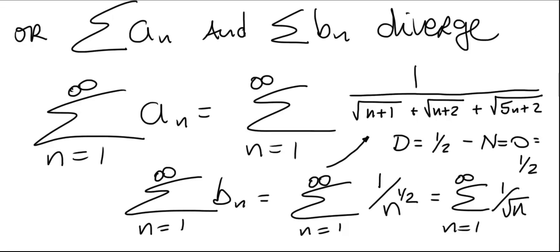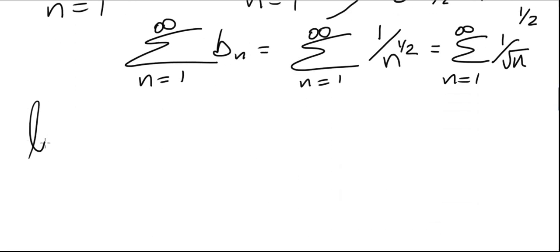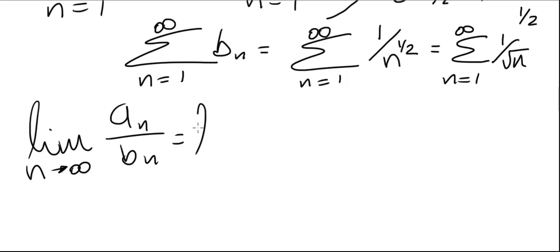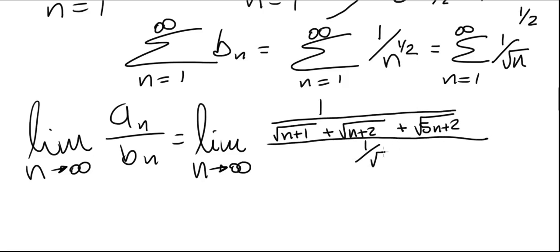And now let's go ahead and compute the limit as n goes to infinity of a_n over b_n, and this is equal to the limit as n approaches infinity of 1 divided by square root of n plus 1 plus the square root of n plus 2 plus the square root of 5n plus 2, divided by 1 over square root of n.